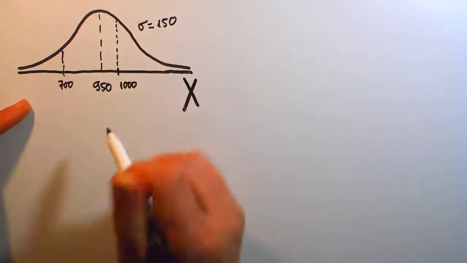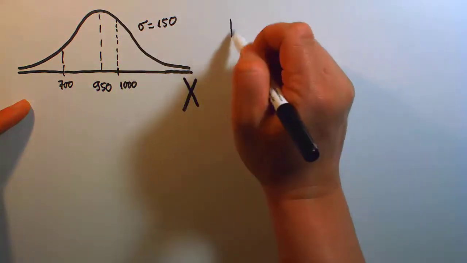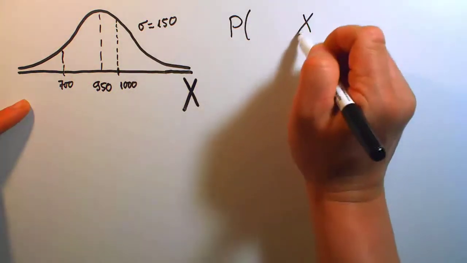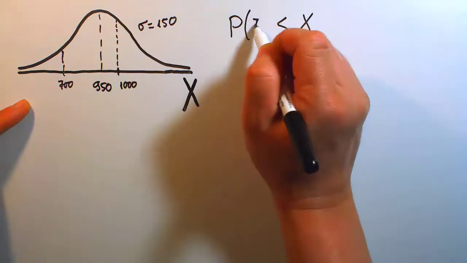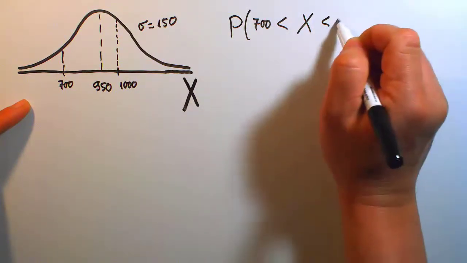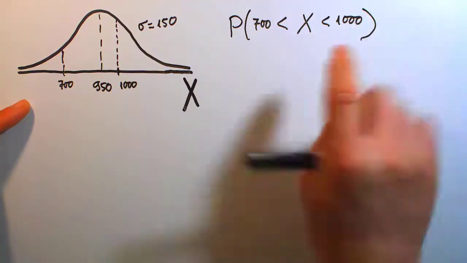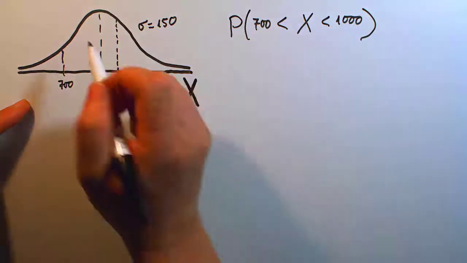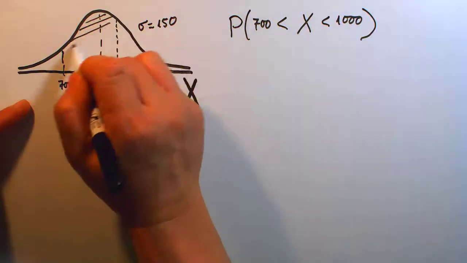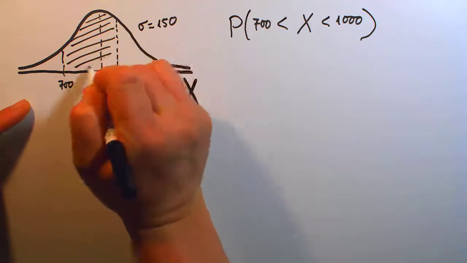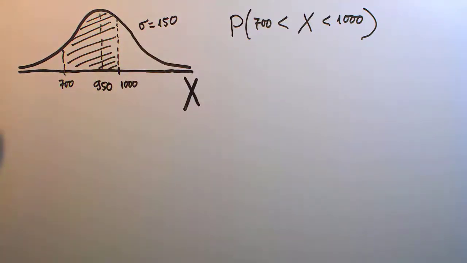So the probability where x takes a value anywhere between 700 and 1000 is translated graphically as a shaded area between 700 and 1000.